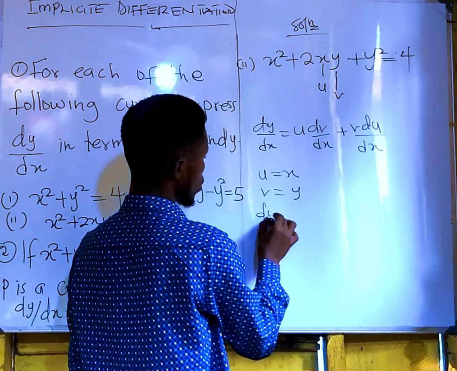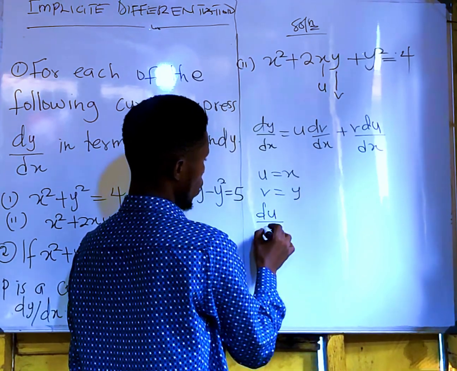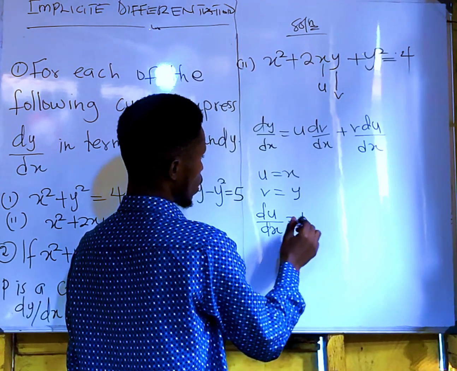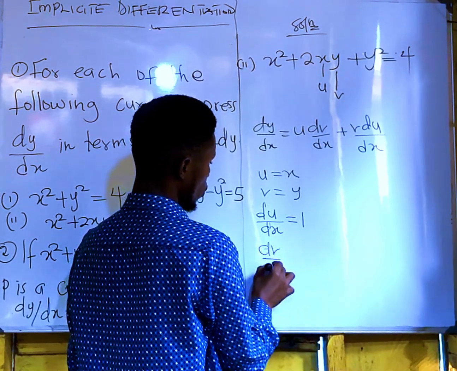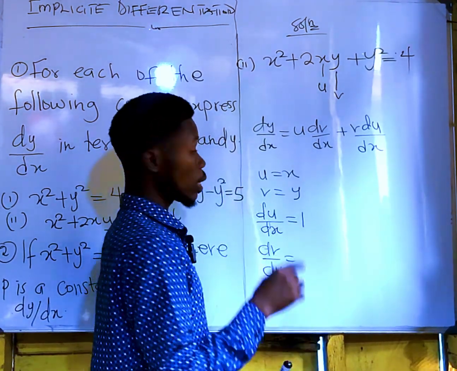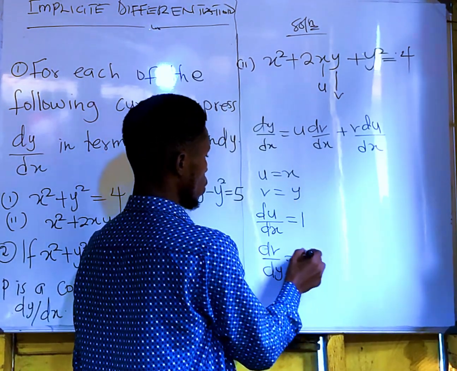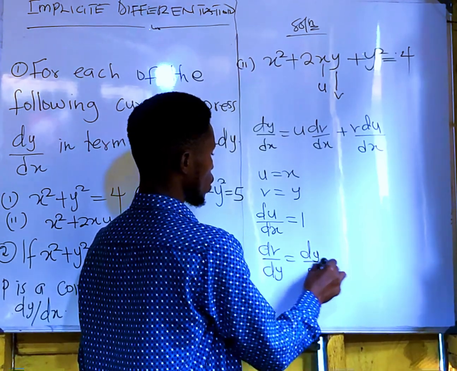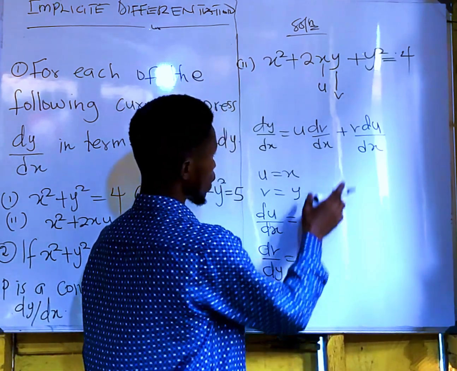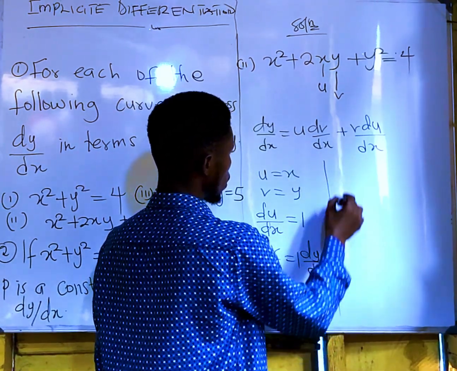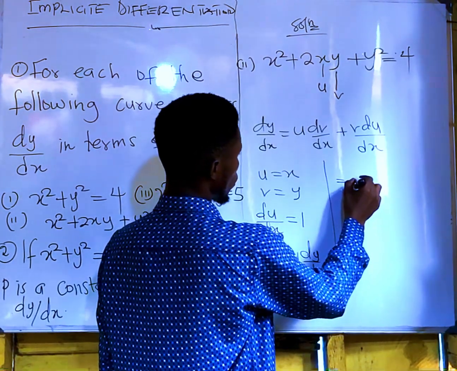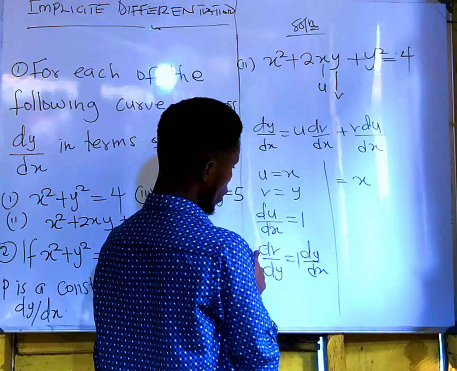So if I differentiate u with respect to x, that will give me 1. Then if I differentiate v with respect to x, v is y, and if you differentiate y, what do you get? You have 1, but because it's y, you attach dy/dx to it. 1 times dy/dx is the same thing. Is that okay? So let's go and substitute here. This means that our u is x. So we are going to have x dv.